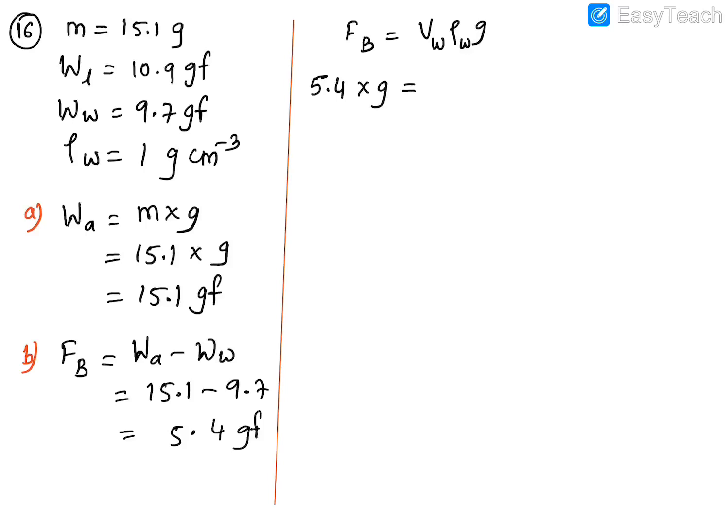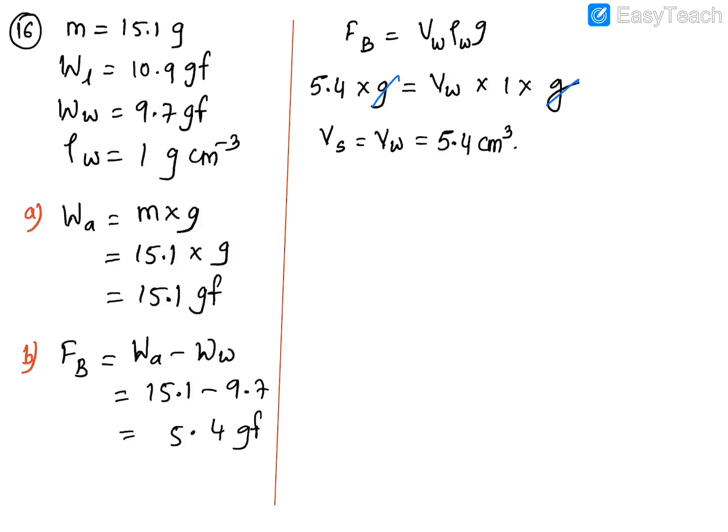What's the volume of the water displaced? We don't know. That will be same as the volume of solid. Density of water is 1. Gravity is G. Guys, can we cancel anything out here? Yes, we can cancel G and G. And what will you get now? The volume of the solid, which is also equal to the volume of the water displaced, which is equal to 5.4 cm cube. That's the answer.